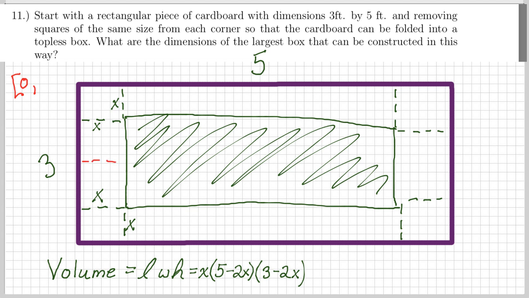And now x can go all the way up so that we're cutting off 2 squares and leaving no side. We could be doing that. And in that case, x is going to be equal to 1.5. But we just don't have any more cardboard, right? So that's the largest x can be as a result. So this is my domain.